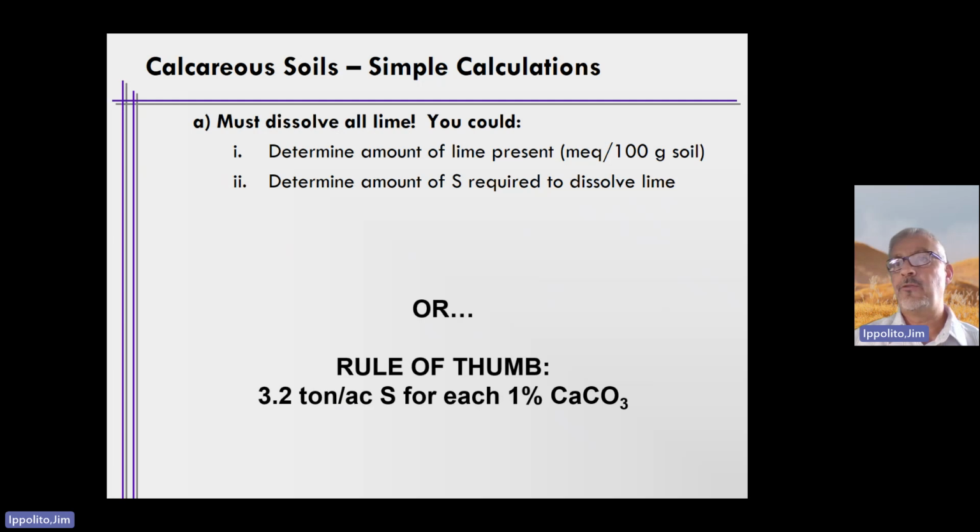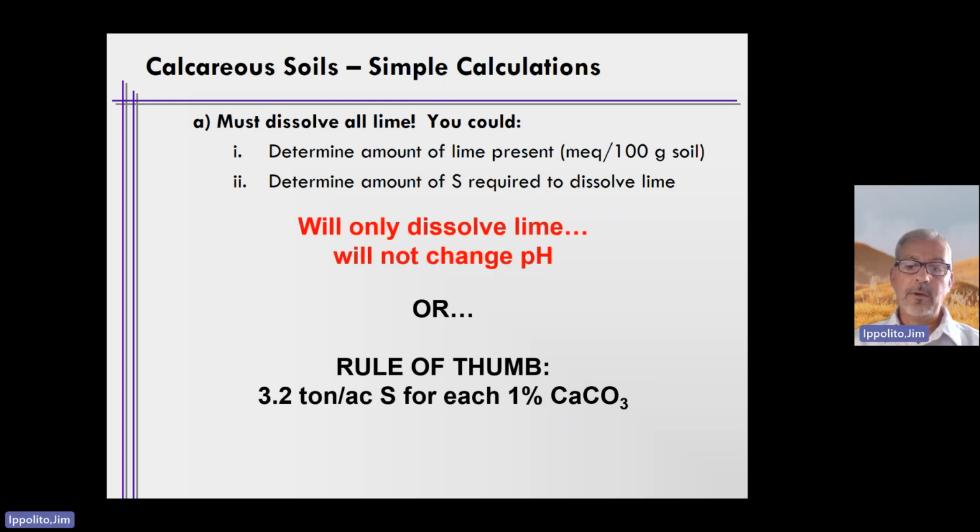Or you could use this rough rule of thumb that it's going to take 3.2 tons per acre of sulfur for each 1% calcium carbonate in the top 6 inches. So in the example I gave you, if there's 2% calcium carbonate, it's going to take almost 6.5 tons of sulfur per acre.